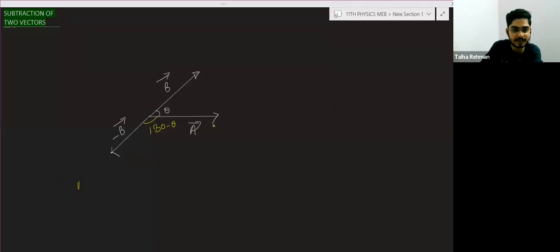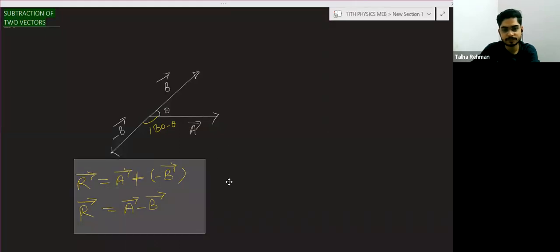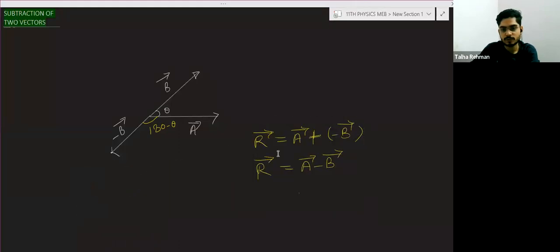So I can write this resultant is equal to A vector plus minus B vector. Finally your resultant will become A vector minus B vector.